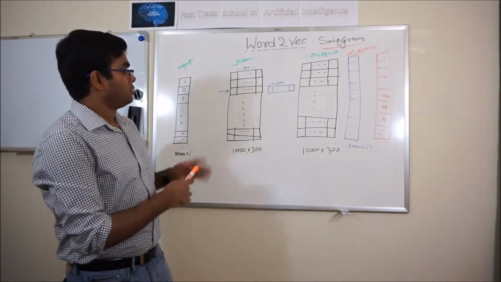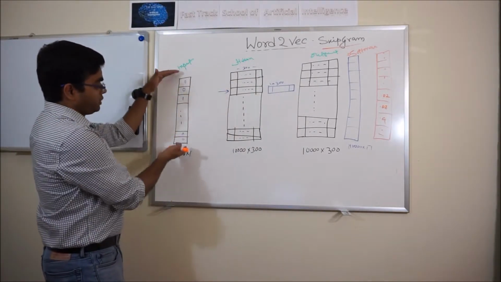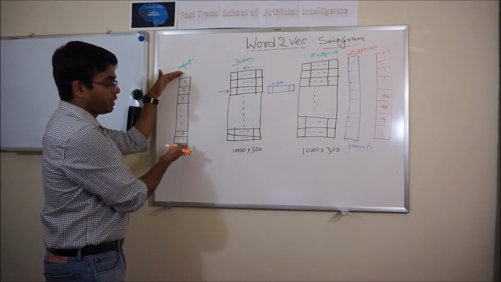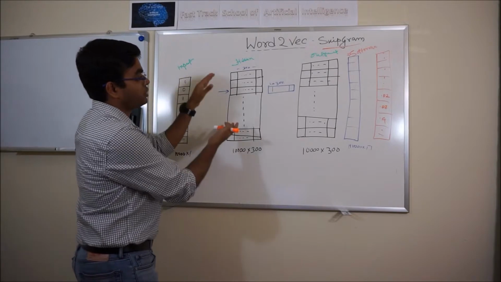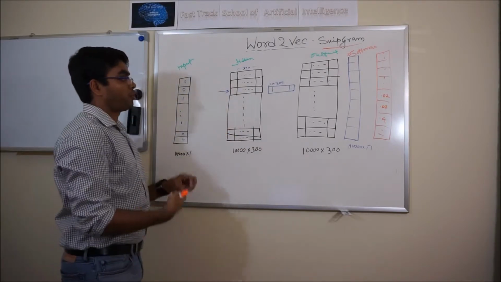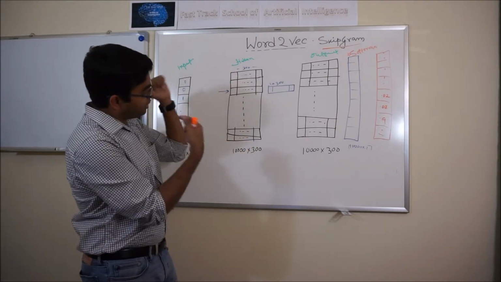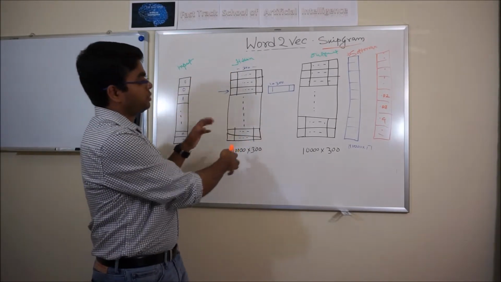So coming back once again. We are passing the one-hot encoded input for the target word. We send it to the hidden layer. From there we pick out the vector representation for that particular target word.